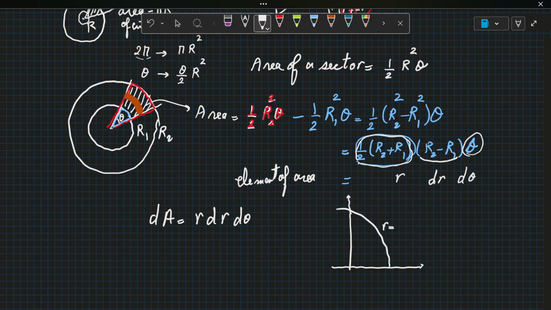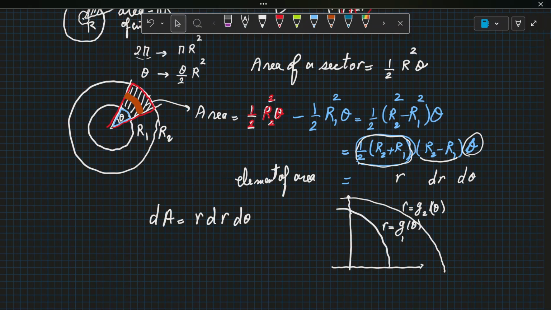So r perhaps equal to, let's call this g1 of theta. That could be one end of the region that you have. Then we might have another curve that lays out the outer boundary of the region. So that could be r equal to g2 of theta.